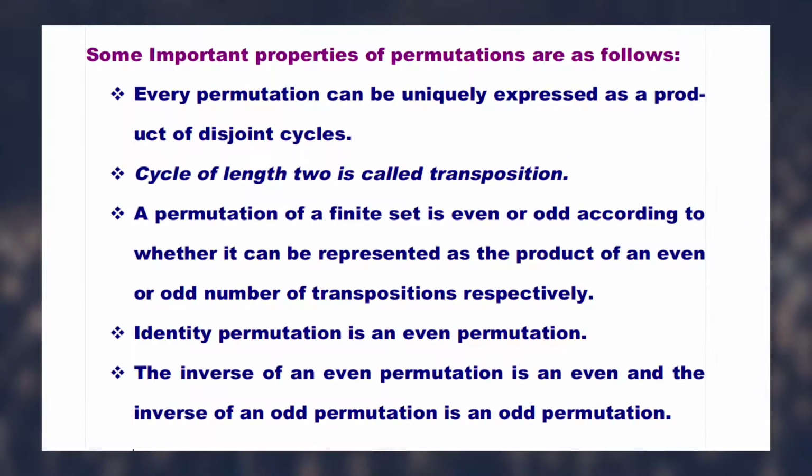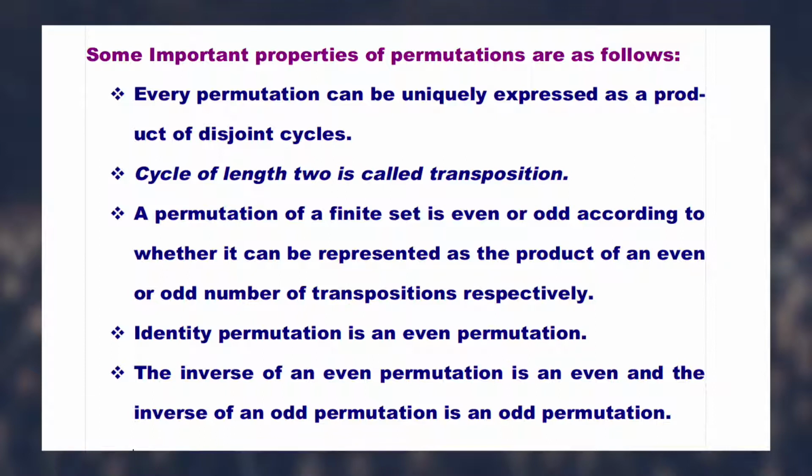Next, we will see some important properties of permutations. Every permutation can be uniquely expressed as a product of disjoint cycles. A cycle of length 2 is called a transposition.